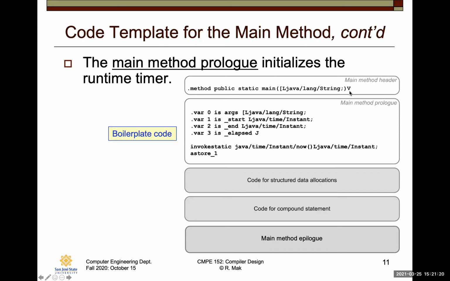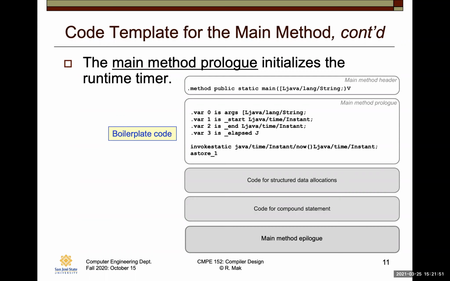I said this is boilerplate code, and you may recall that when I converted a Pascal program over to a C++ program, in the main, I had some code that maintained a runtime timer, because I wanted to print out how long it took to execute that program. And I want to do the same thing in Jasmine.